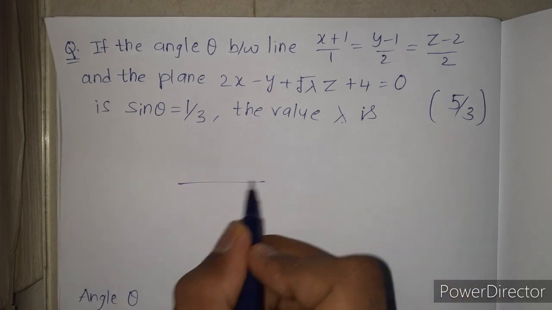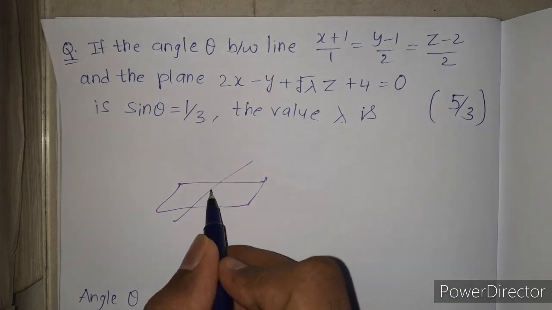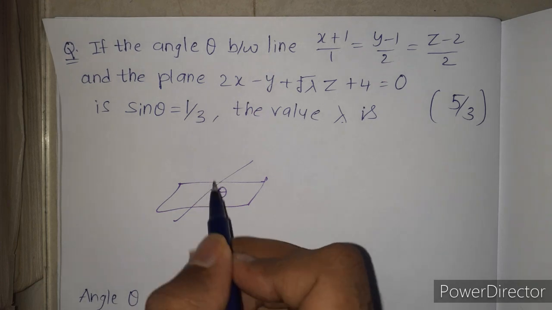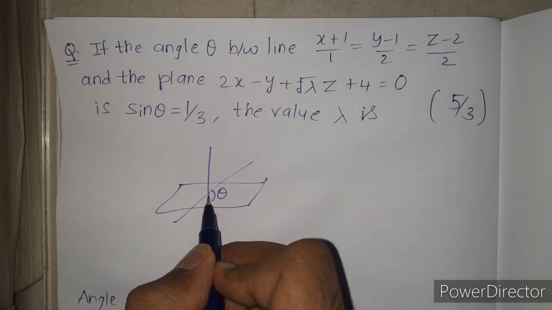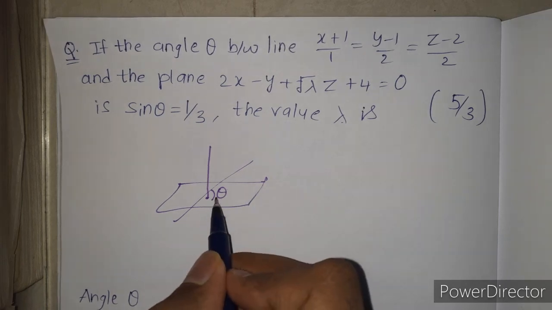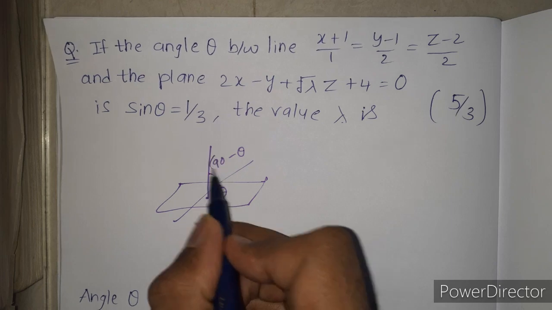But when it comes to a plane, if the angle between line and plane is theta, the DRs of the plane are nothing but the DRs of its normal. So here, if this is theta, this becomes 90 minus theta.